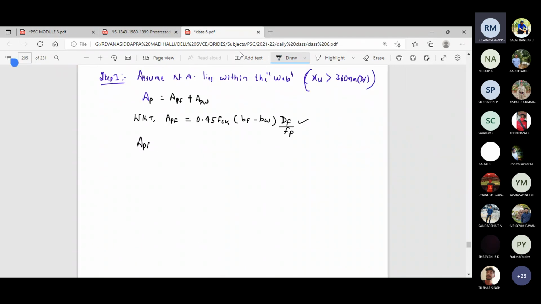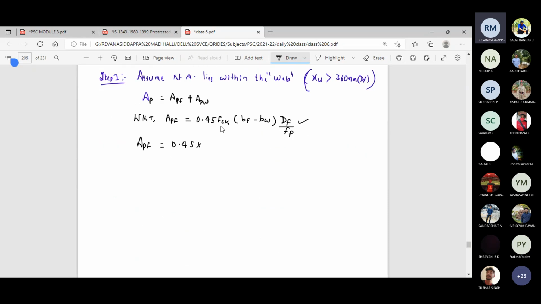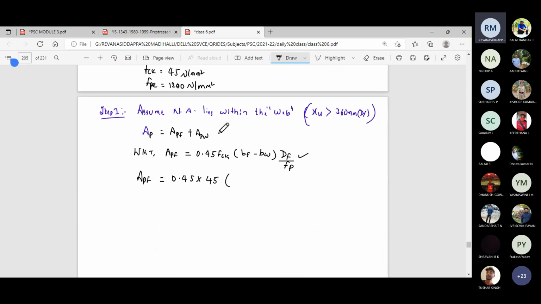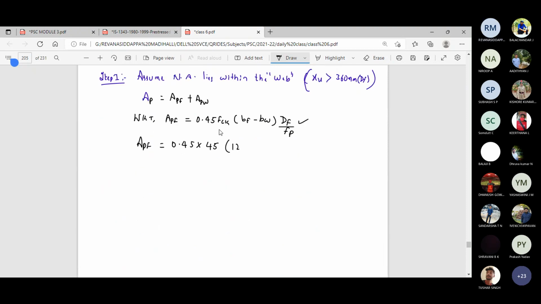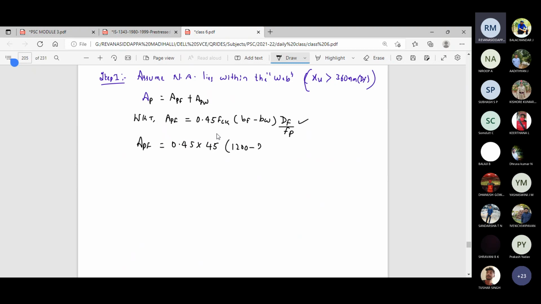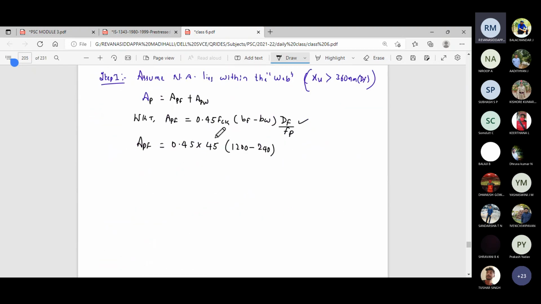APF is equal to 0.45 FCK, which is given as 45 Newton per mm square, into the width of flange 1200 minus the width of web, given as 240, into the depth of flange, 360, divided by FP.